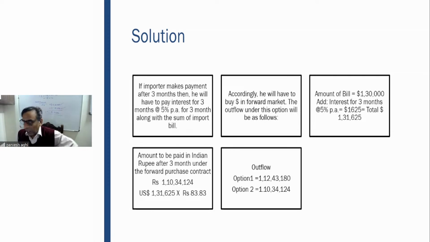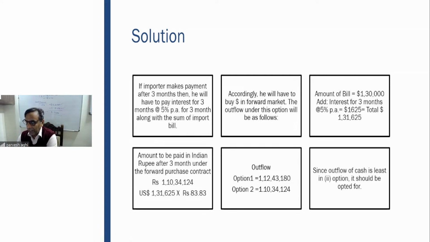So now we know the outflows under both the conditions. First, when he takes the overdraft facility in India. Second, where he doesn't take the overdraft facility, but he pays 5% interest to the foreigner from whom he is importing. So in option number 2, the outflow is lower.